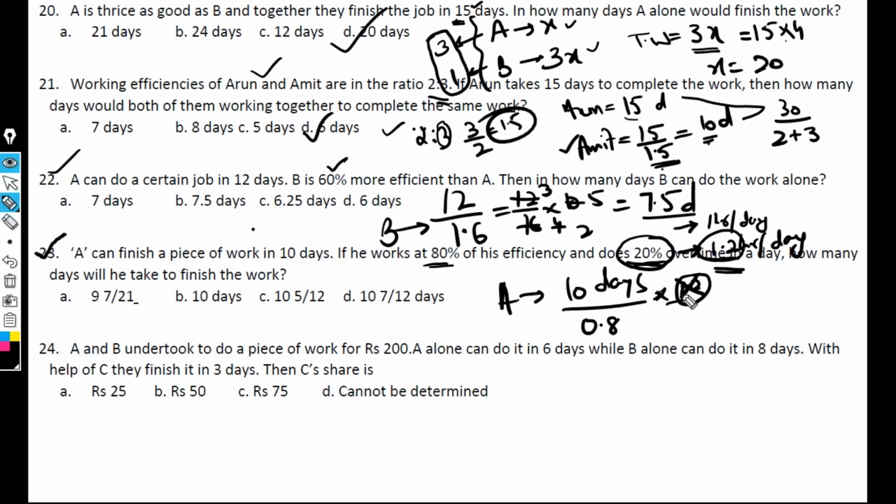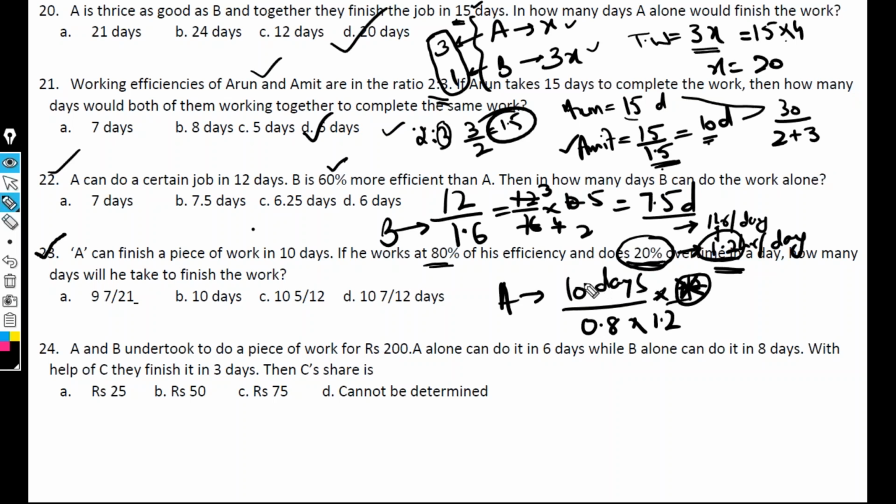So you need not multiply it. Please keep this in your mind: you have to divide it by 1.2 and not multiply. Is that clear? You have to observe the impact of whatever change is taking place on the number of days.